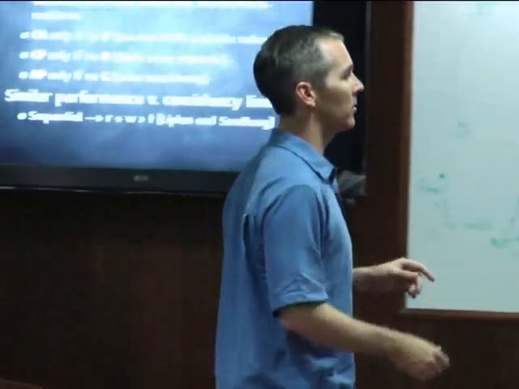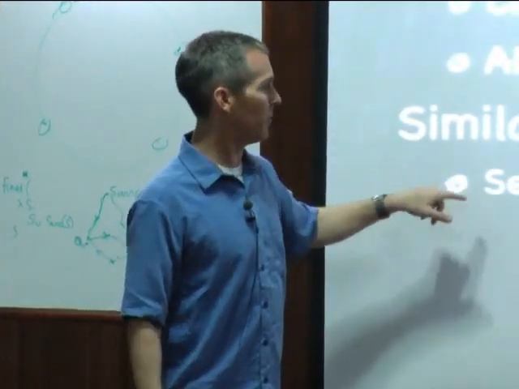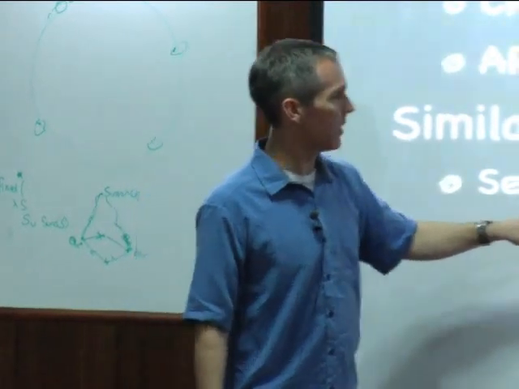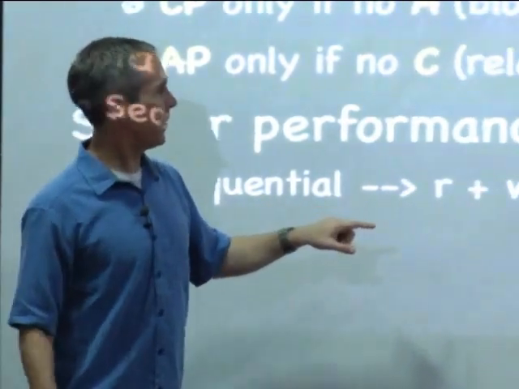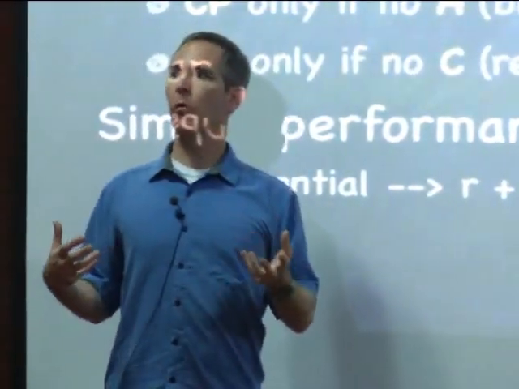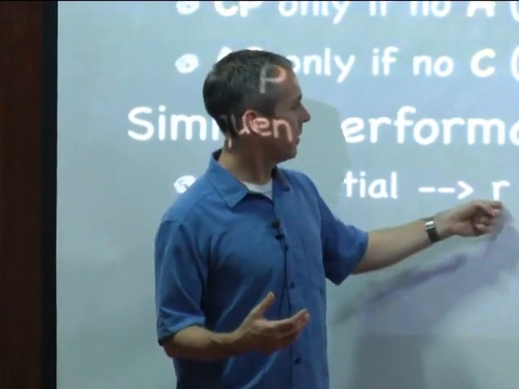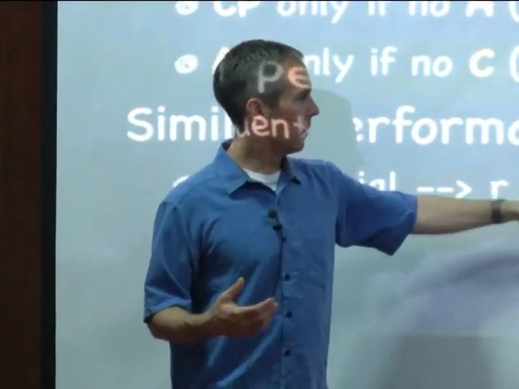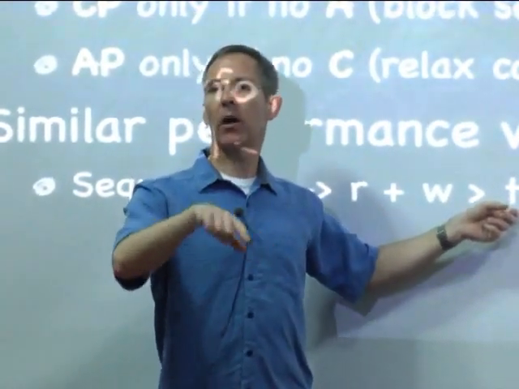There are other limits. Lipton and Sandberg have a limit on the performance front that says that if you have sequential consistency or stronger, then there exists at least some request pattern where the time for a read plus the time for a write must exceed the diameter of the network, the time to get across the network.